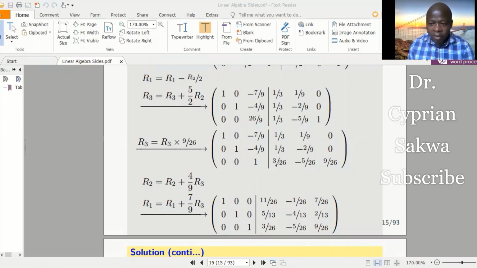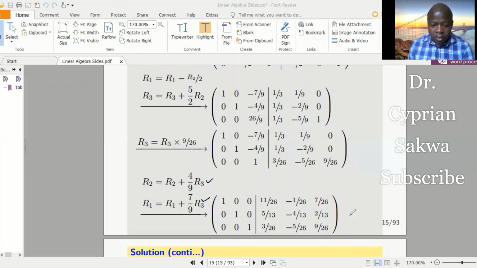I do it for the entire row. And then for me to get a 0 in this position, I'll take the element in row 1 plus 7/9 of the element in row 3. And I do it for the entire row. And that's what I wrote here.